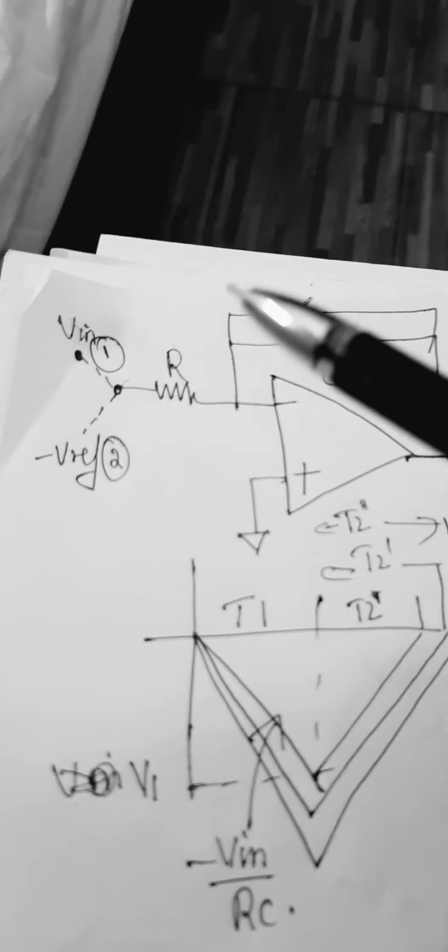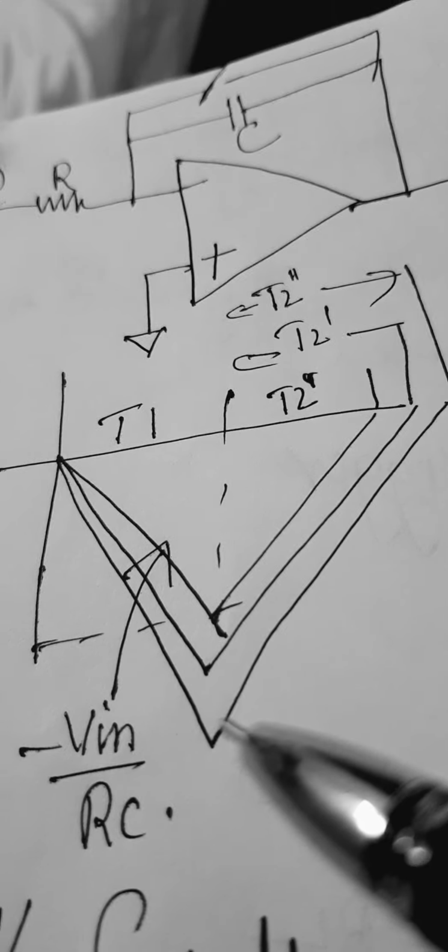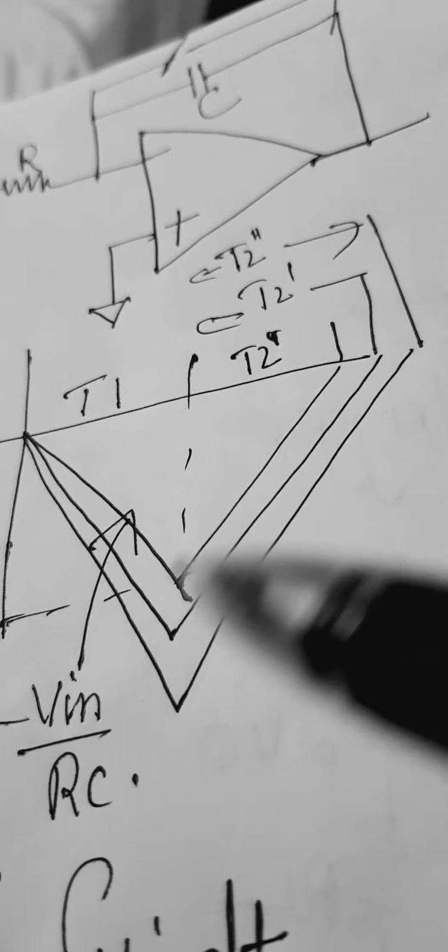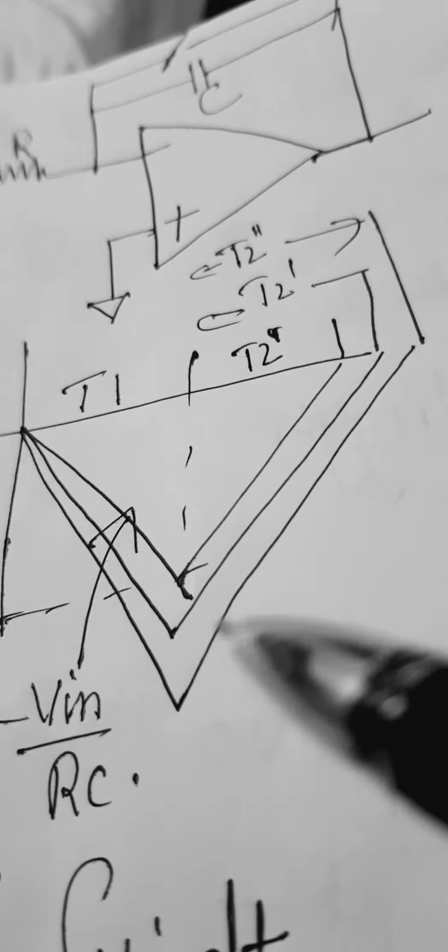If the output comes down more, then when you connect it to the minus V reference, the output of the comparator reaching 0 will take more time. So this slope is constant because V reference is constant and RC is constant.